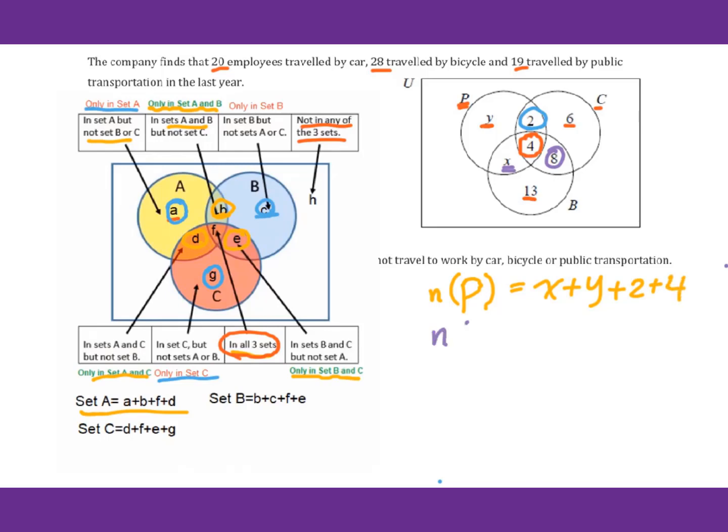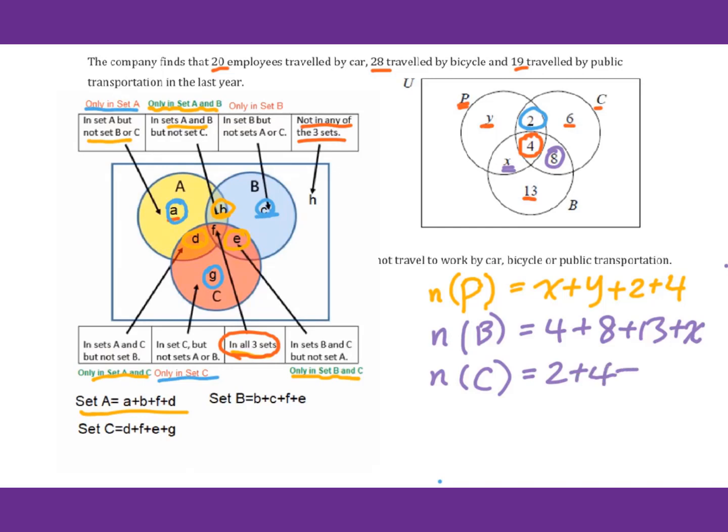And the number of people who take a bus, that means 4 plus 8 plus 13 plus X. Number of people who take a car, that is 2 plus 4 plus 8 plus 6.